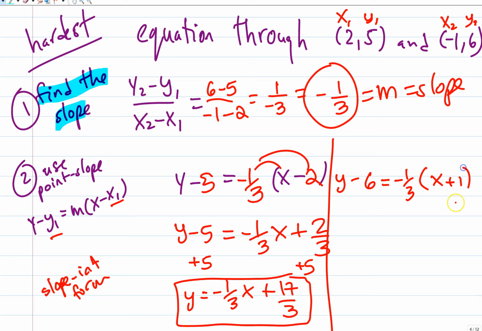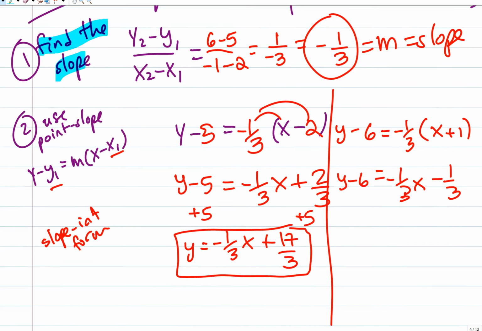Yeah, just plus 1. Y minus 6 is equal to negative 1/3 x. How about minus 1/3? What would your last step be? So that y is equal to negative 1/3 x, and that would become plus 17/3.